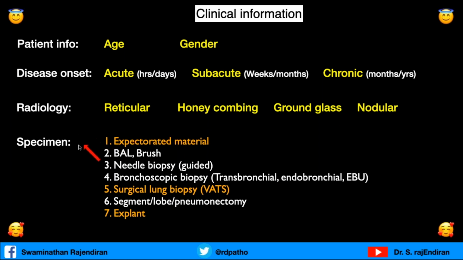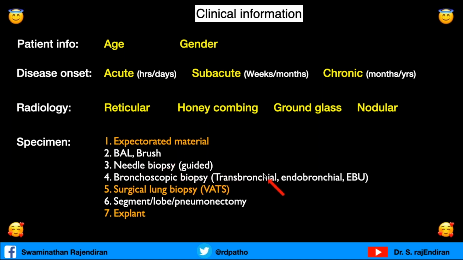Coming to this portion, what are all the specimens we can get from lung in pathology? One is expectorated material, for example, sputum. Other one is bronchoalveolar lavage or brush cytology specimens. The third one is needle biopsy. It is guided, either ultrasound guided or CT guided biopsies. PET guided biopsies are also happening now.